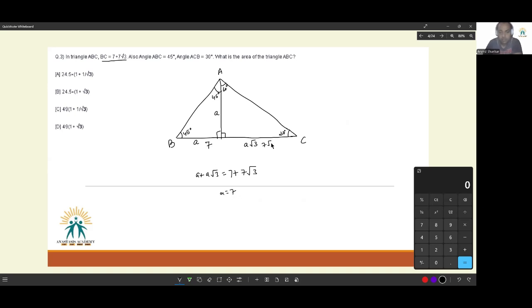This length is 7 root 3. This height is 7. So area of the triangle is half into 7 into 7, 1 plus root 3, or 24.5, 1 plus root 3, or option B is the right answer.